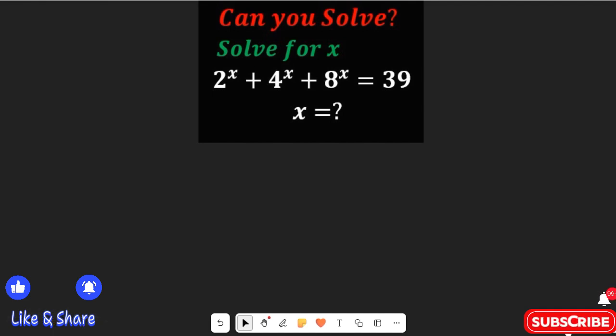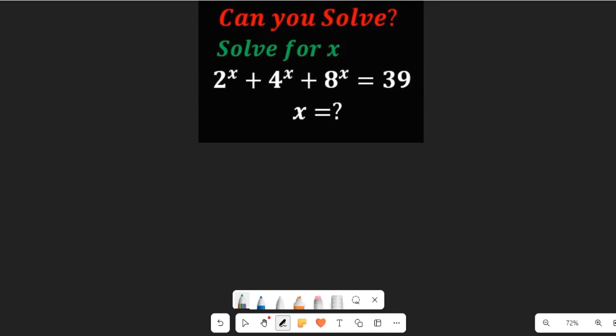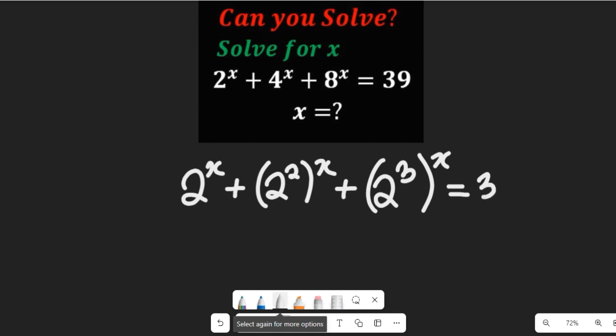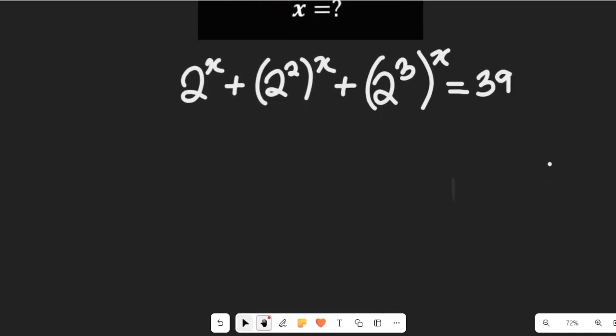So this expression is now going to give me 2 to the power of x, which is definite, plus 2 to the power of 2 multiplying x, and 2 to the power of 3 multiplying x, and all these can be equal to 39. One common base. They all have one common base.